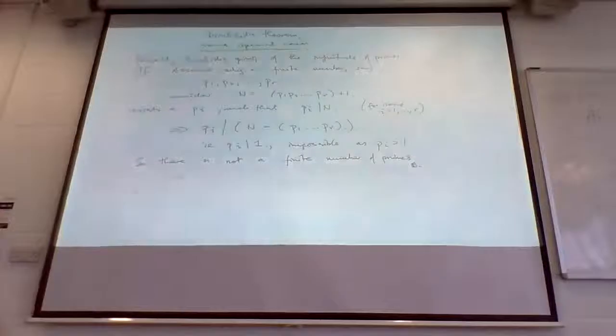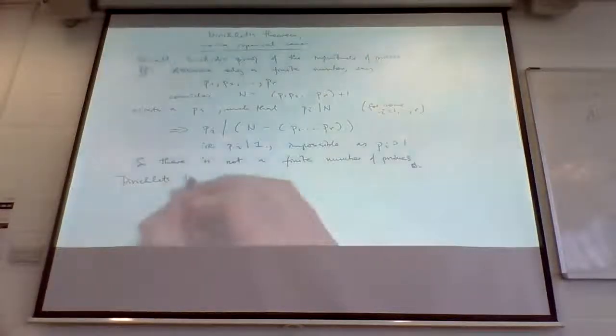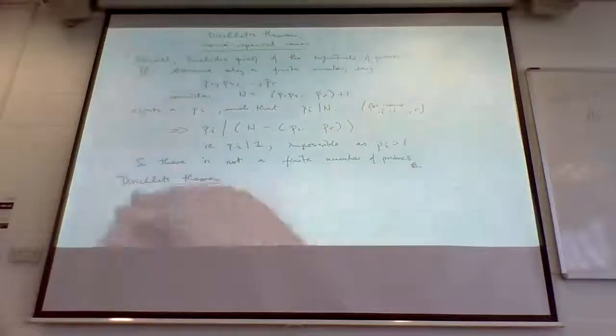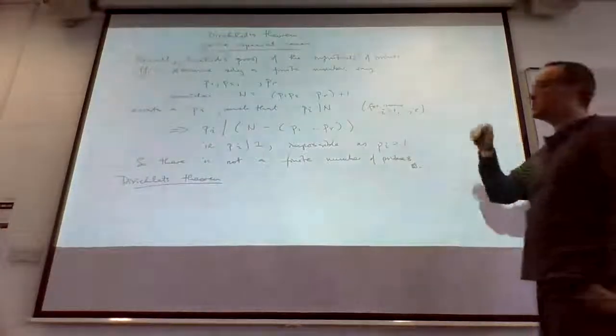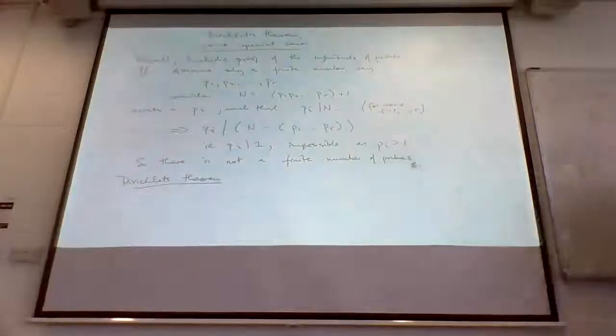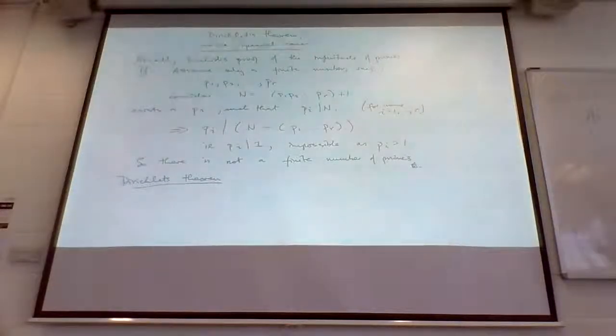Okay. Dirichlet's theorem is an extension of this. So we know there's an infinite number of primes in the integers. Dirichlet has gone further and said you will find an infinite number of prime numbers in every congruence class, modulo anything, provided that congruence class does not trivially consist of all composite numbers.